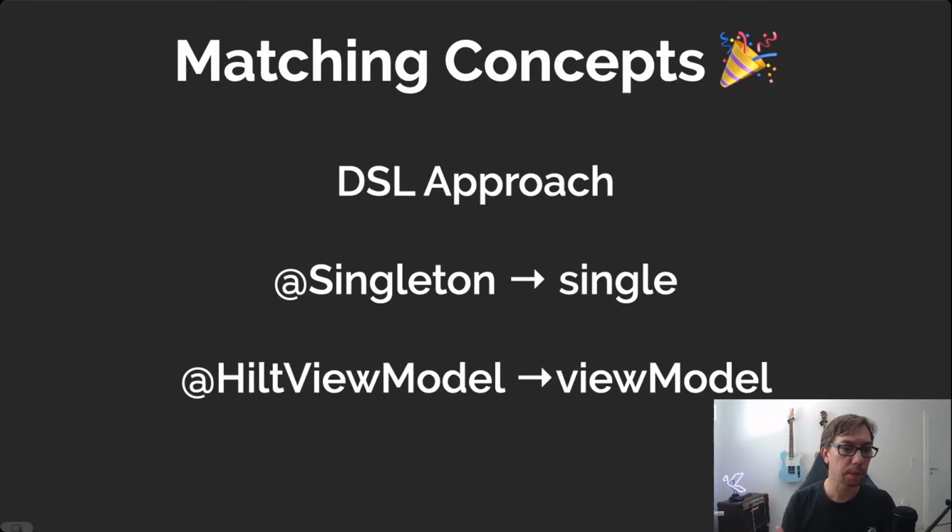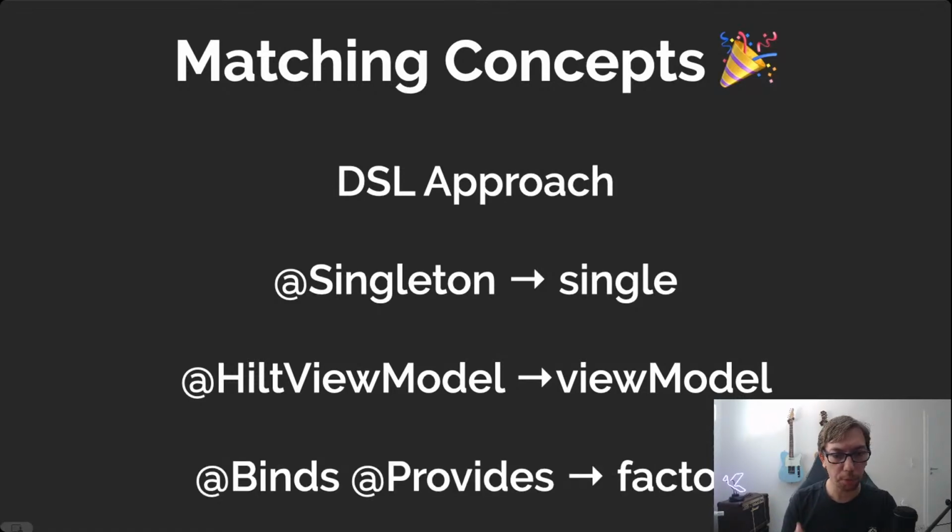If you have something tagged with Hilt ViewModel, you will use the ViewModel keyword in the DSL. And if you are using binds or provides, then this is usually something that is not held as a singleton, then this is a factory instance.